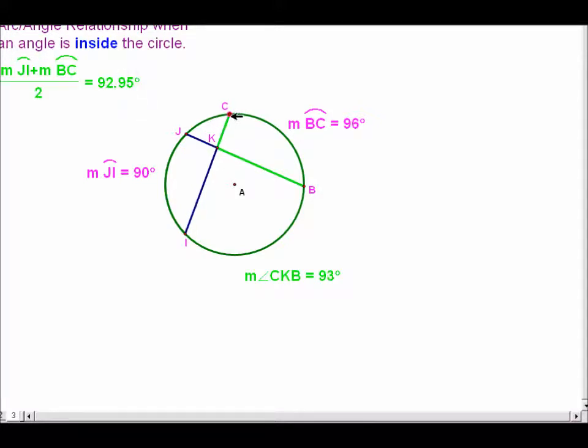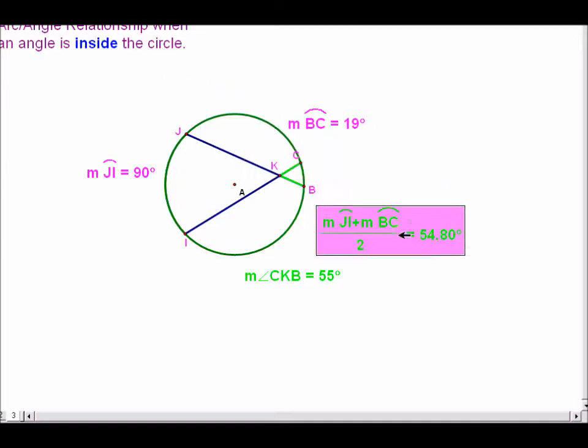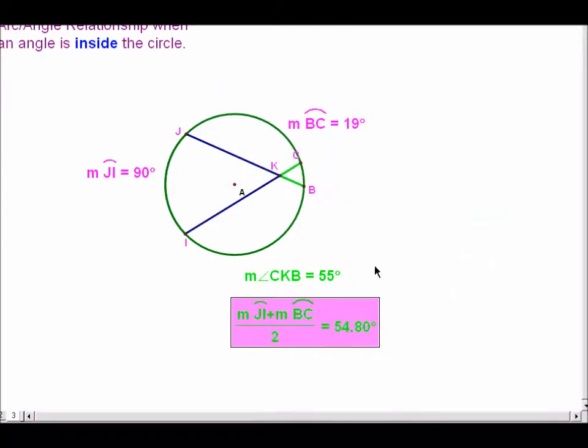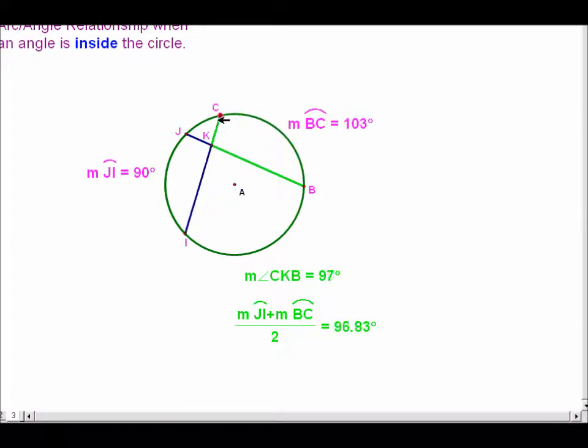So let's see if this always works. Let's see what happens if we drag these angles around. Here everything's changing. We have angle K, which is now 55 degrees. Our two arcs are 19 and 90. And look, the average of those two arcs is still the same thing as what our angle K was. So let's drag it the other way, make it a little bit bigger on the other side.